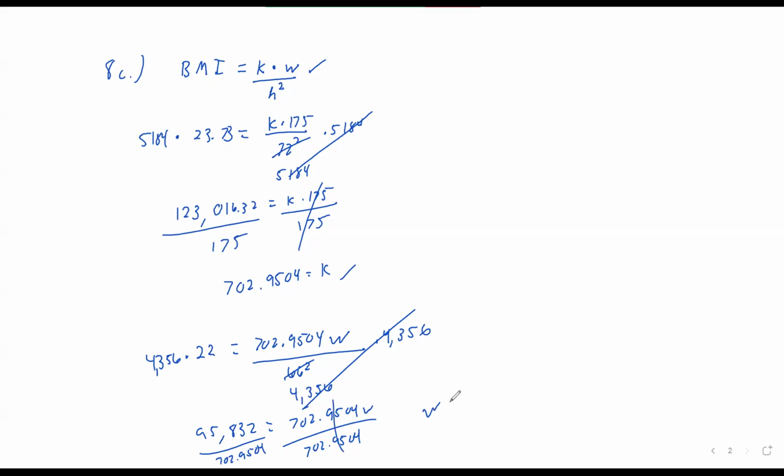So then I get my weight must be, so divide by 702.9504. I must weigh 136.3 pounds.